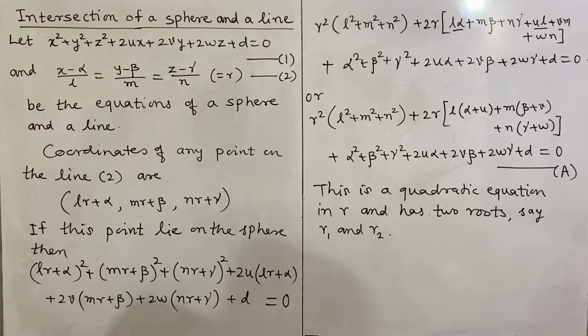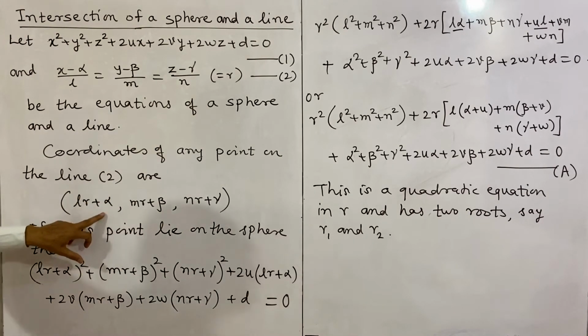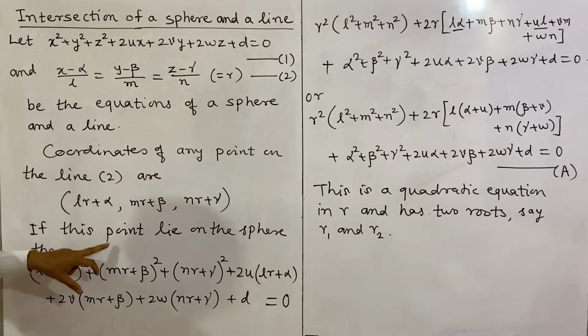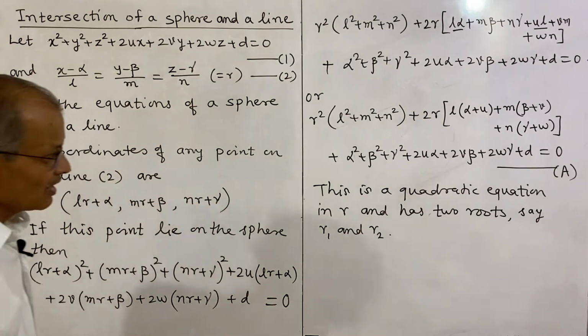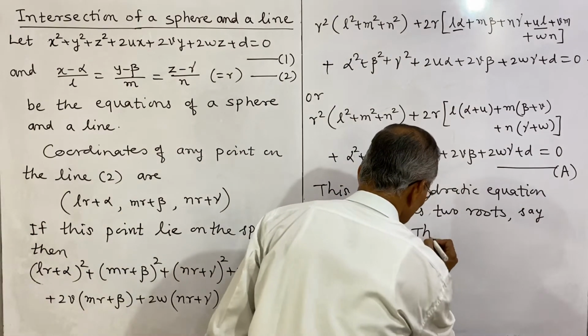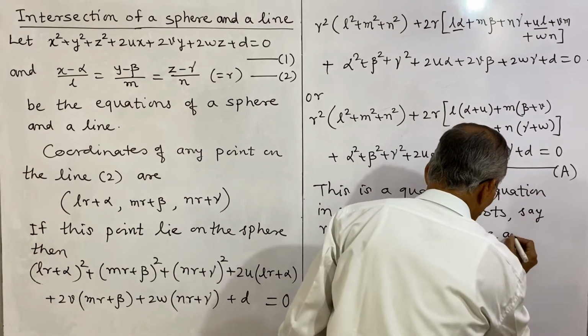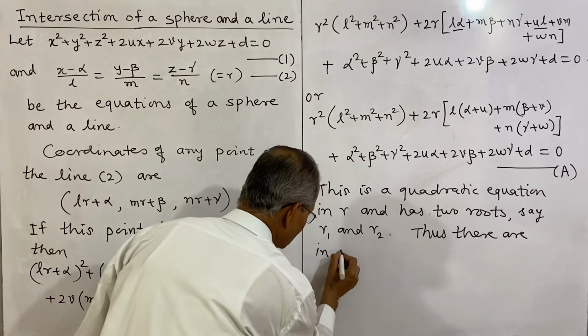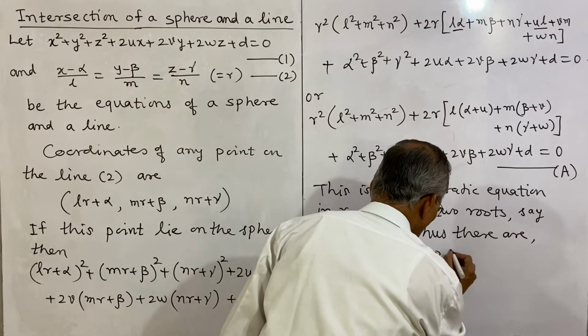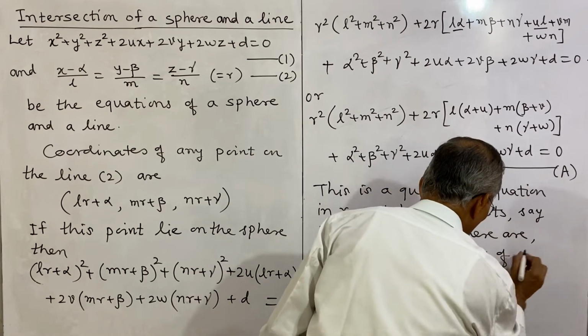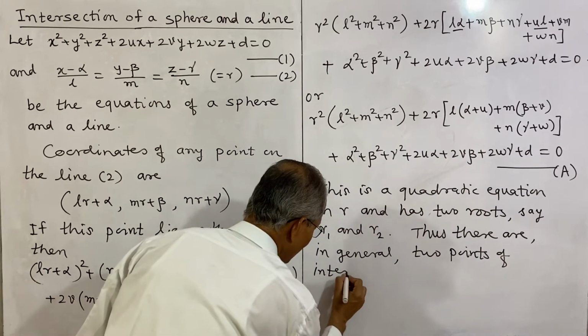We want to write a common point. Any point we have written on the line, we have put the condition that it is also a point on the sphere. Therefore, this is the point of intersection, and because it involves R and there are two values of R, there will be 2 points of intersection. What are the 2 points?